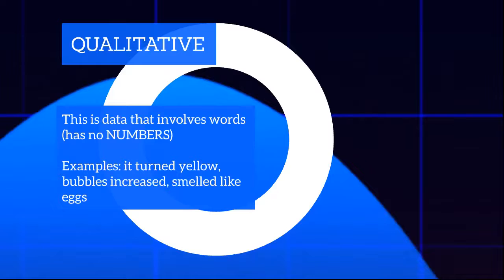There's qualitative data. This is data that involves words, has no numbers. Some examples of this would be turned yellow, the bubbles increased, smells like eggs. And actually, in my doctoral studies right now, there's a whole field of just qualitative research where people are not necessarily collecting numbers. They're really looking for the words and the general idea.